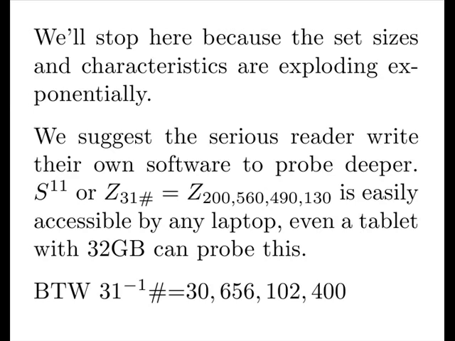Even a tablet with 32 GB can probe this. By the way, the first minor primorial, for p equals 31, has 30,656,102,400 members.